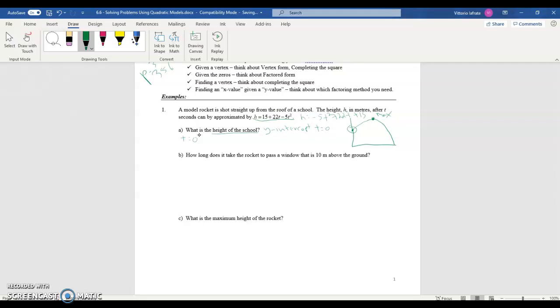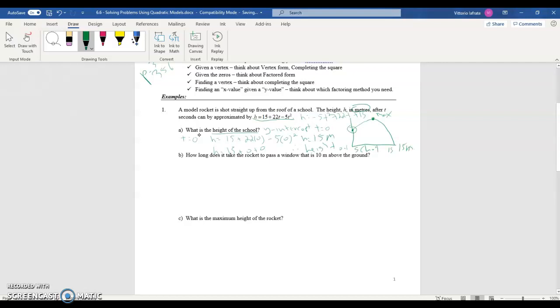But just to show you the work here, when t is equal to 0, h would be equal to 15 plus 22 times 0 minus 5 times 0 squared, which is basically h equals 15 plus 0, which means that h is equal to 15 meters, and use the proper units here, meters. And you'd have a therefore statement. Therefore, height of school is 15 meters.